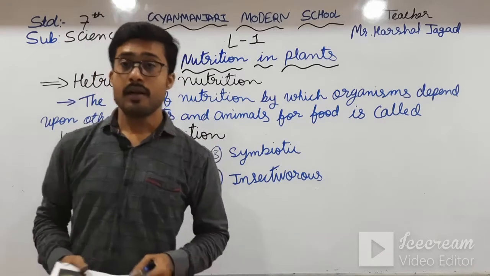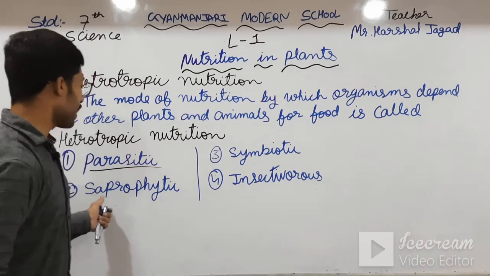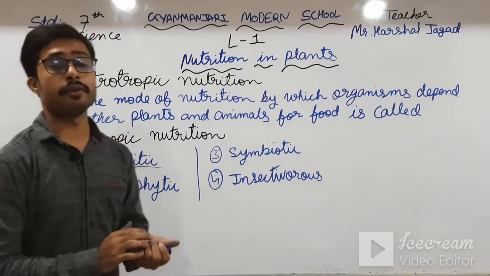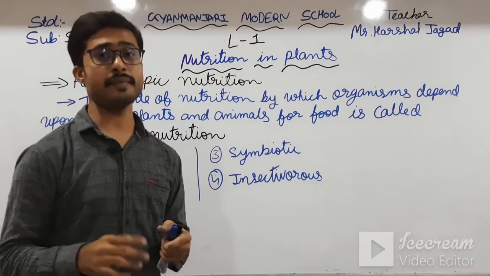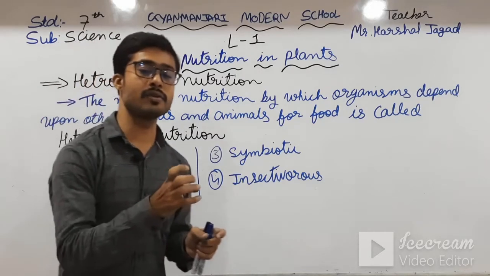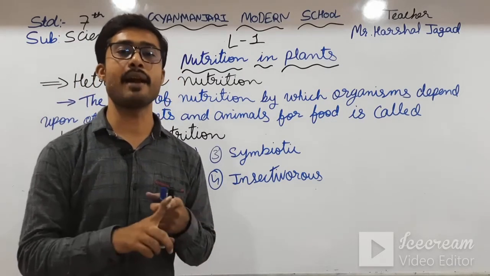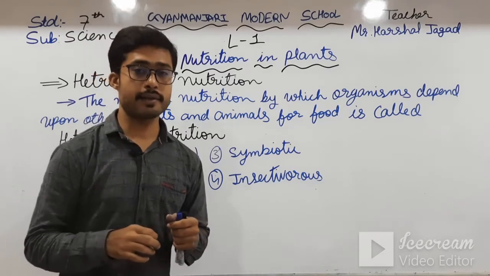See here, what they just do. Here there are examples and pictures of these saprophytic plants. Okay students, what they do is consume the energy from dead or decaying organic matter.